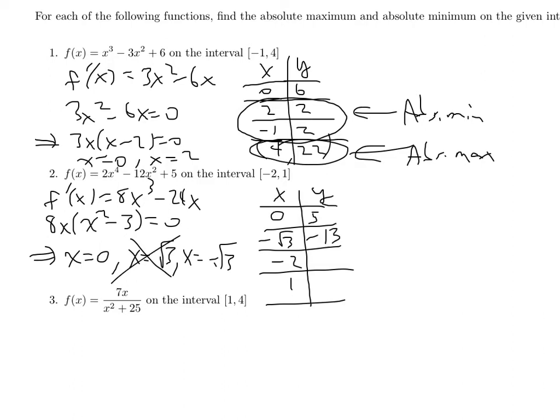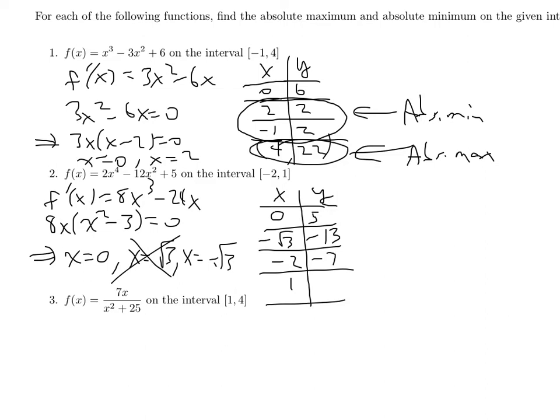I'm putting in negative square root of 3 for x here. And then when I put negative 2 in for x, I'll have 2 times 16, so that's 32, minus 12 times 4, so 32 minus 48 is negative 12, plus 5 is negative 7.